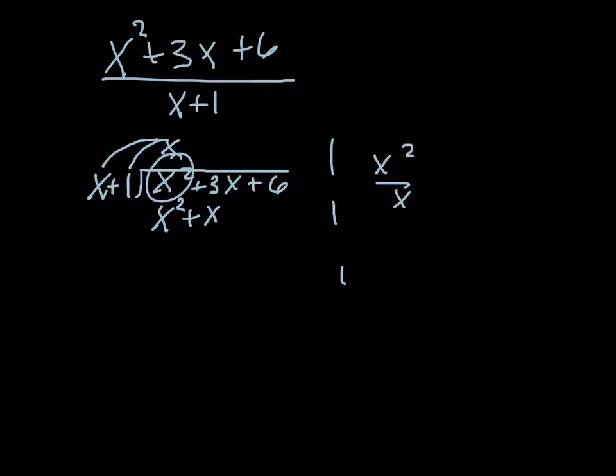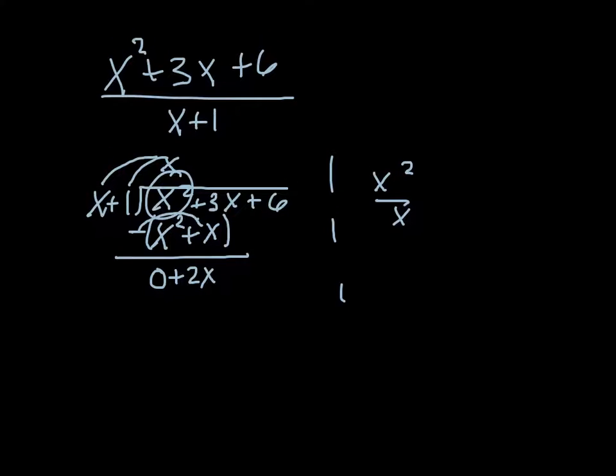But then you subtract the whole thing, so x squared minus x squared is 0. And then, since you're bringing that over, it would just be negative x. So 3x minus x would be 2x. And then you bring down the 6, so you'd have plus 6.